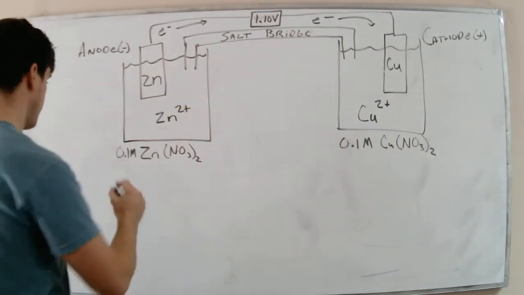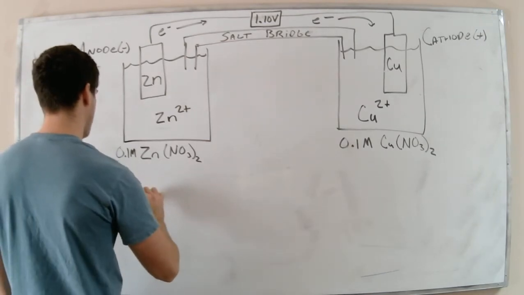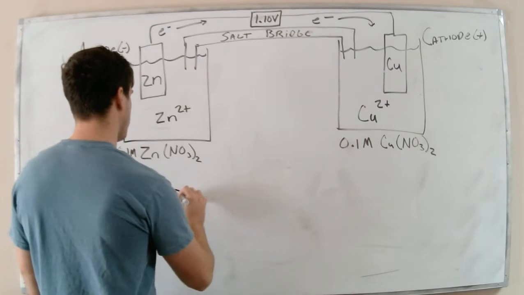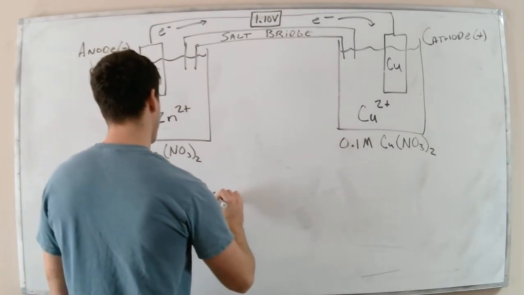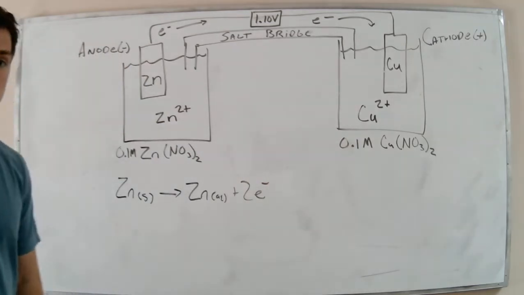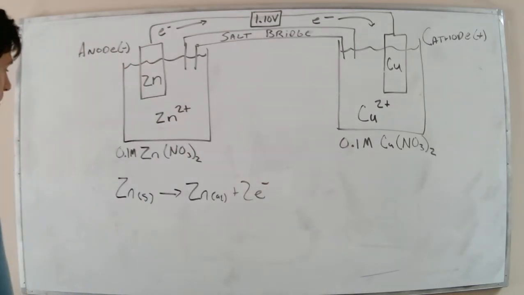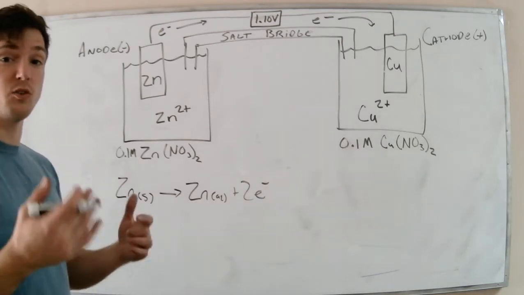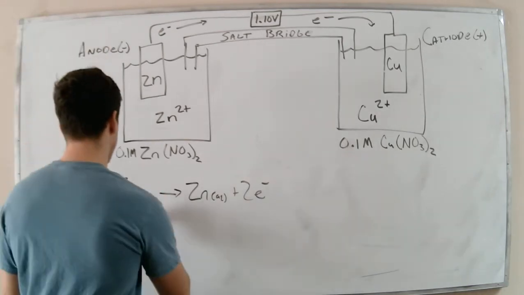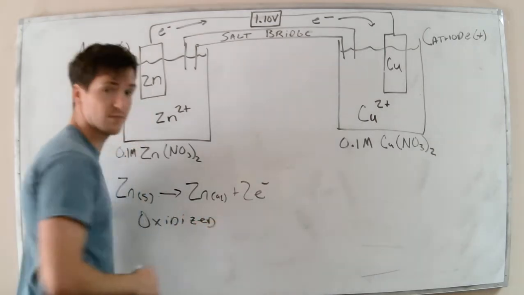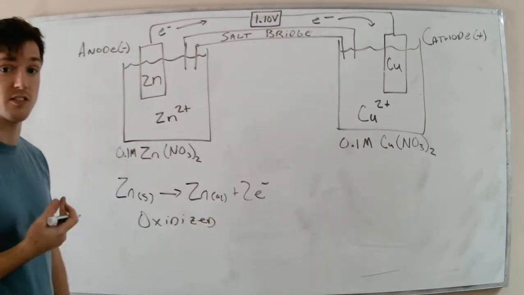Well, zinc is going from zinc solid, and it is becoming zinc aqueous and is losing 2 electrons. Okay? So zinc is losing 2 electrons. So remember, when it loses electrons, it is being oxidized. Okay? So since zinc is losing electrons, it's becoming oxidized.